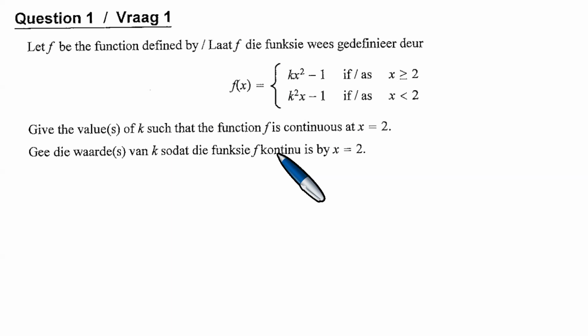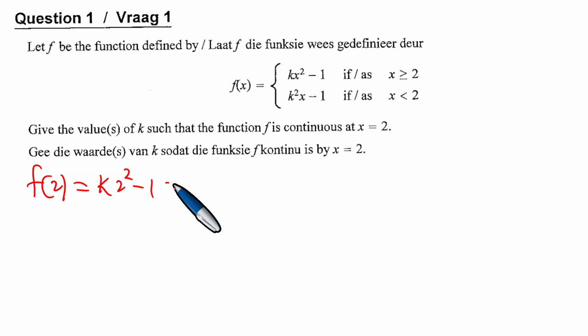If you look at this cautiously, there are a couple of things you need to take into account. f of 2 would be k times 2 squared minus 1, which is 4k minus 1.